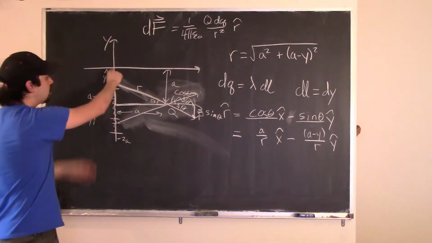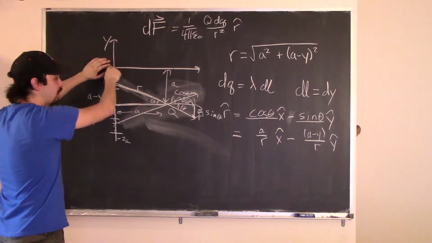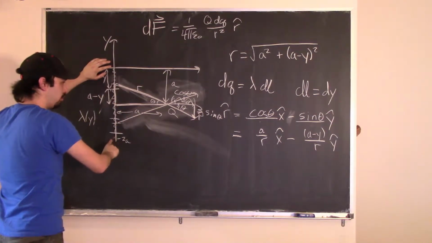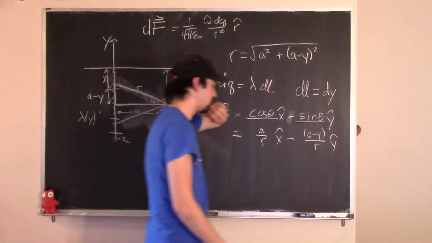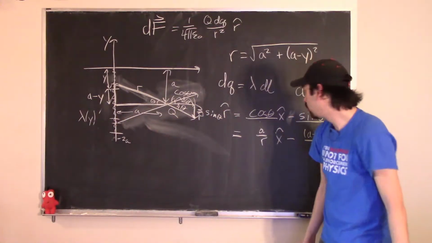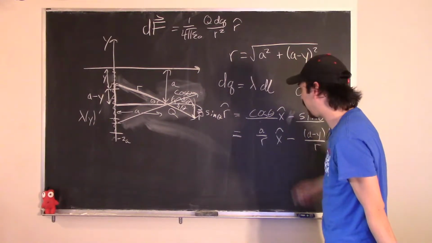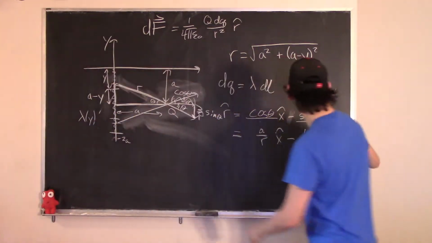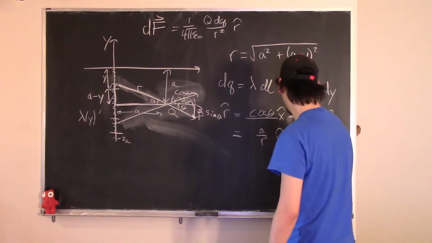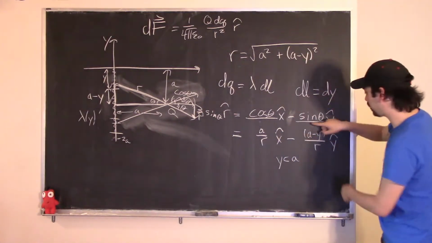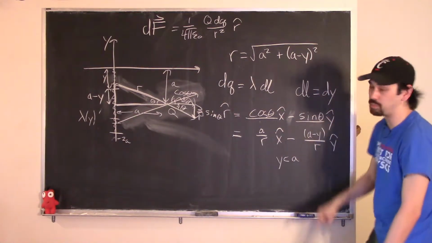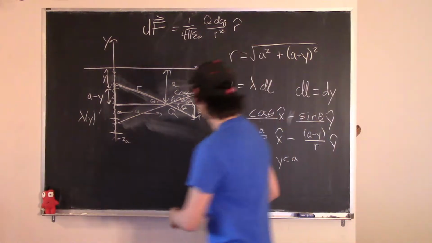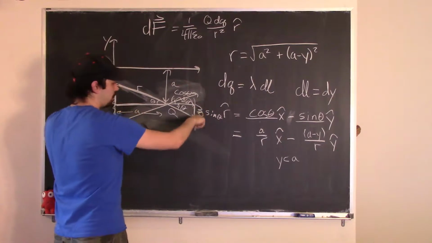So y is going to start at 0 up here, and it's going to go to a, and then it's going to go to minus 2a, so its range is going to have values that are larger than a in magnitude. What that means here is that if y is smaller than a, then this numerator is going to be positive. And if the numerator is positive, I'm multiplying it by a negative sign. That's going to give me the behavior that I want here, right?